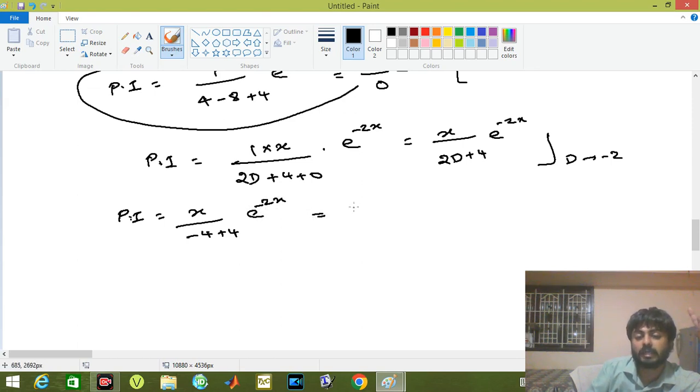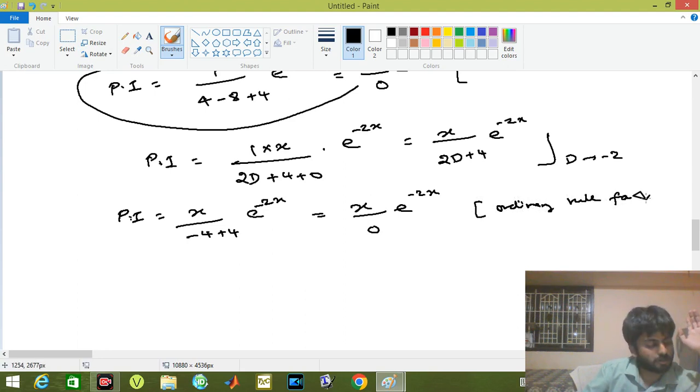That is, again we are getting x divided by 0 e power minus 2x. So here also what happened? The ordinary differentiation rule fails.